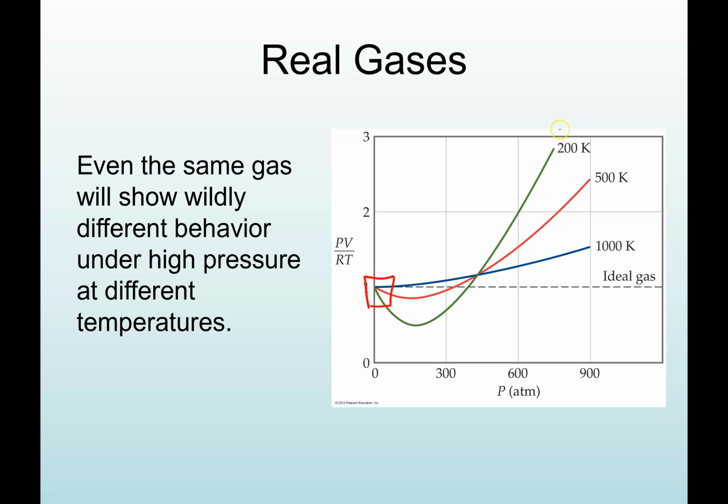The temperatures all vary in this particular diagram, but under high pressure at different temperatures, you see that the gases all behave very differently. Their relations get kind of out of whack depending on where they're at. So again, we are here. These are our Earth observations. Everything else is kind of a simulated different type of pressure environment.